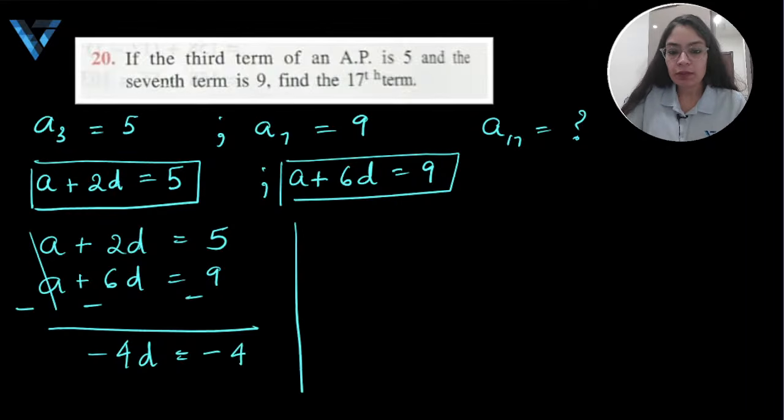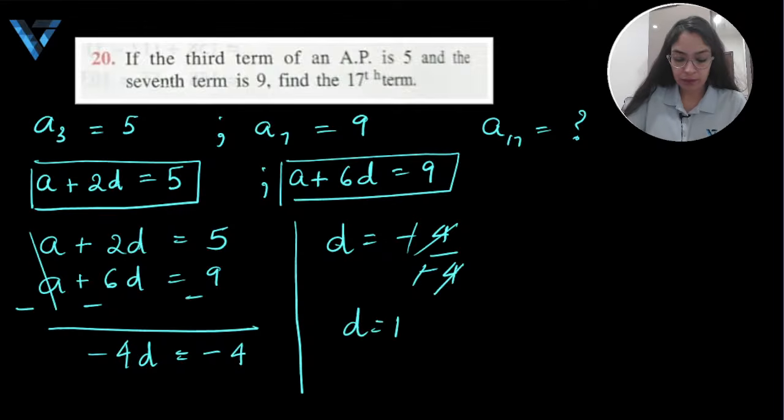So D is equal to minus 4 by minus 4, so D's value is 1.